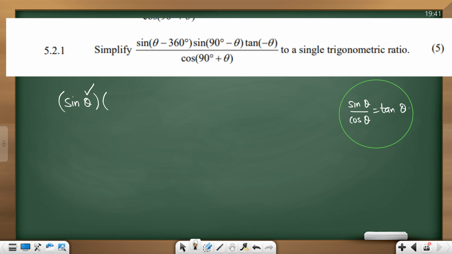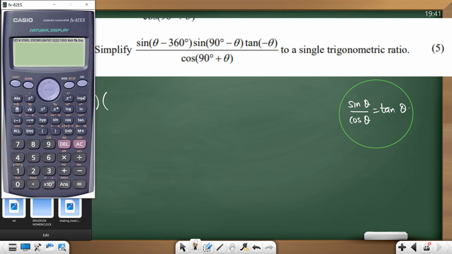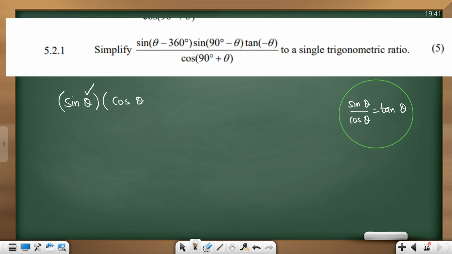Multiplied by sine 90 minus theta. Quickly grab my calculator. 90 minus 1. Oh, it's also a positive. But I am seeing a 90. 90 means yes. I'm nodding my head. Sine must become cos. It's a positive cos theta. Mark number 2.